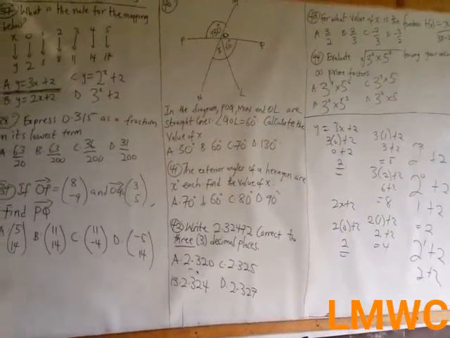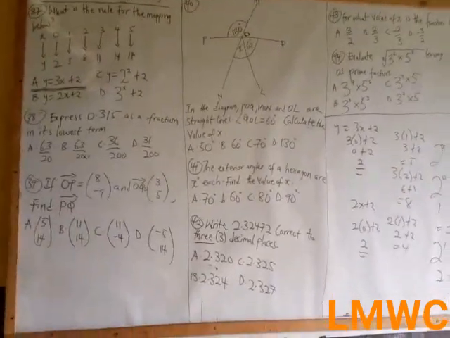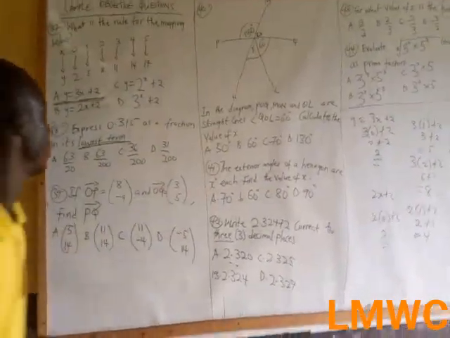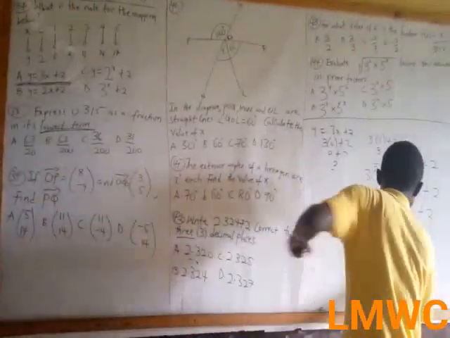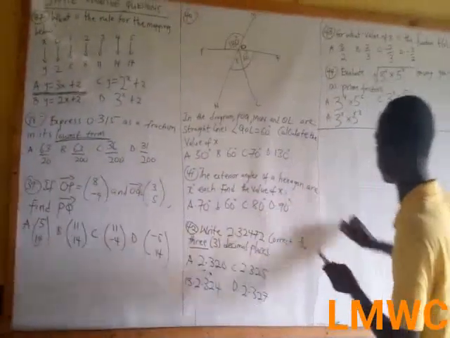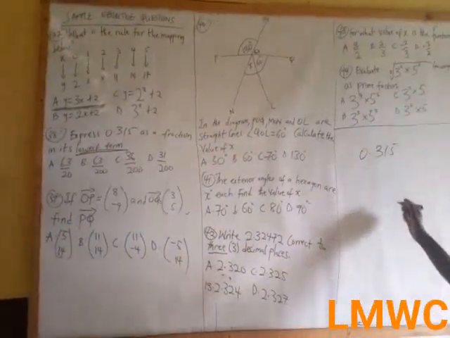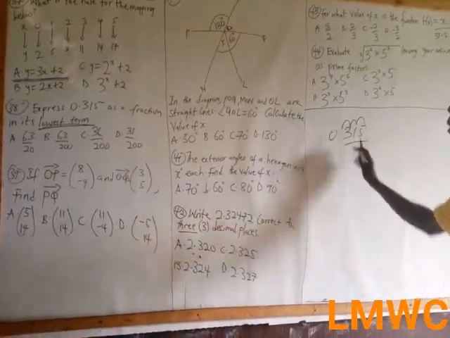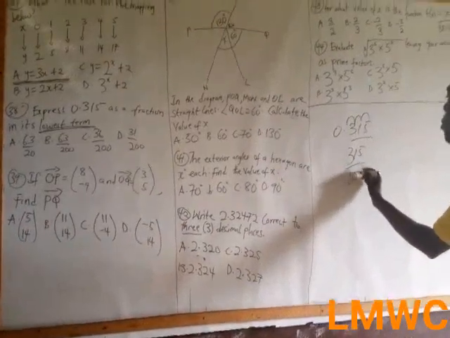Question 38. Express 0.315 as a fraction in its lowest term. This is the key thing. They didn't say just express 0.315 as a fraction. If they said express it as a fraction without saying lowest term, we have 0.315, with 3 decimal places. 3 decimal places is always over 1,000, 3 zeros.